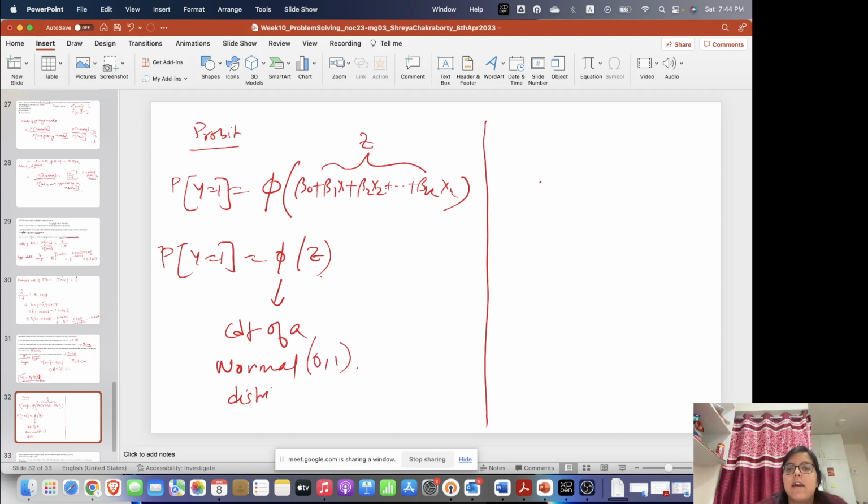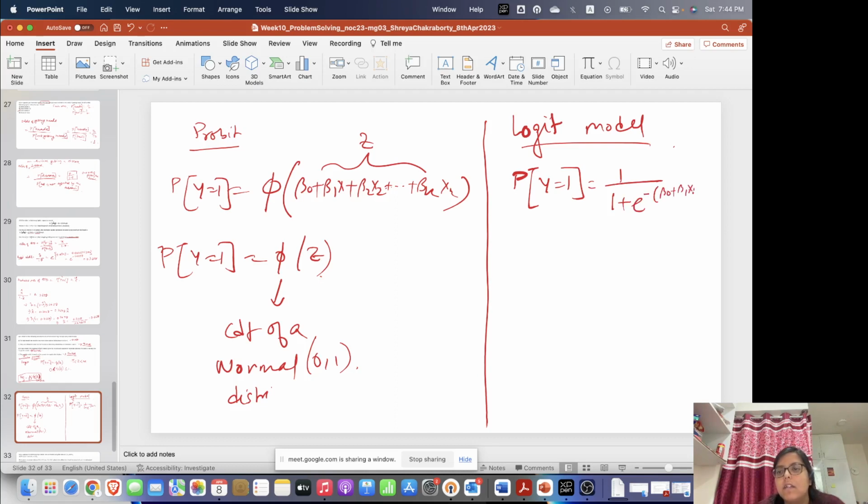Whereas for a logit model we would have this equal to 1 by 1 plus e to the power minus (beta 0 plus beta 1 x1 plus ... plus beta k xk).